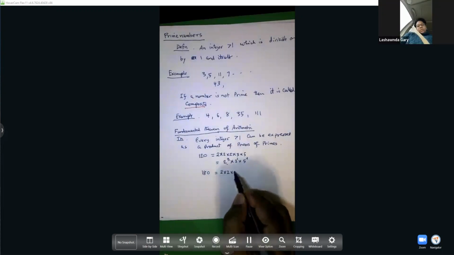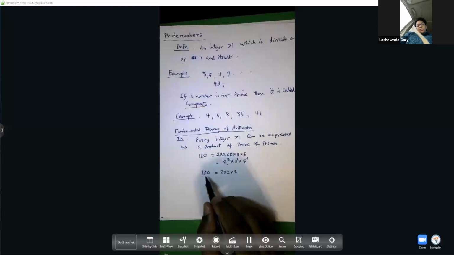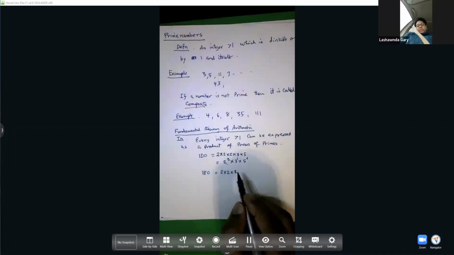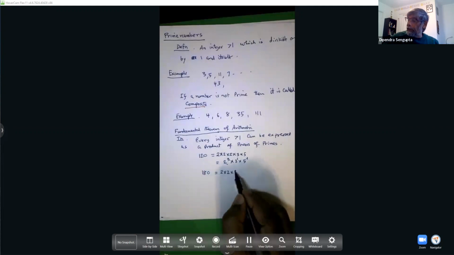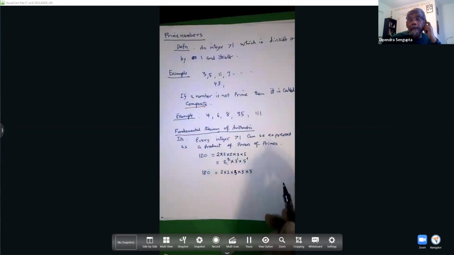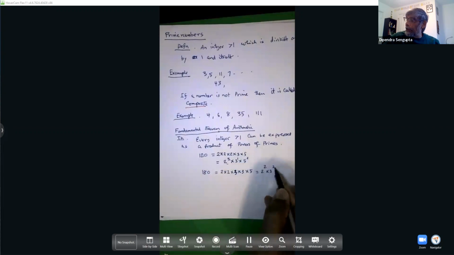I got only 2. That's 90, and 90 divided by 2 is 45. 45 is indivisible by 2, so only two twos. And 45 is 9 times 5, which is 3 times 3 times 5. So it's the same thing as 2 squared, 3 squared times 5.